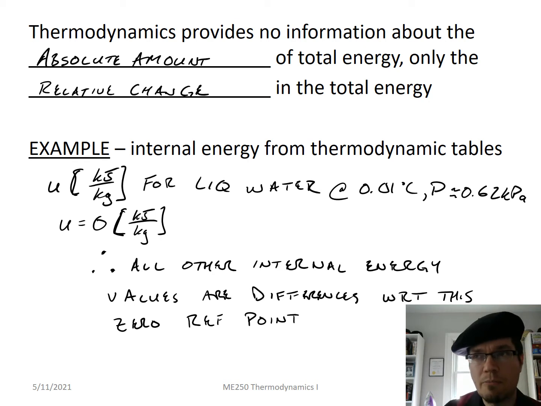So the moral of this story, well, one of the big things that this means is when you are looking up values to use in a thermodynamic calculation, you have to make sure that you're using an internally consistent set of tables. If one of your tables takes the reference point to be 0.01 degrees Celsius and 620 pascals, and another one takes 100 degrees Celsius, well, you're going to be off by a lot.